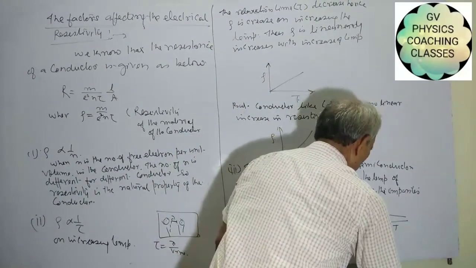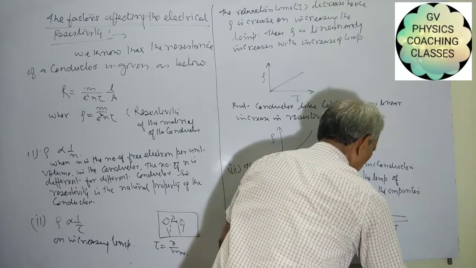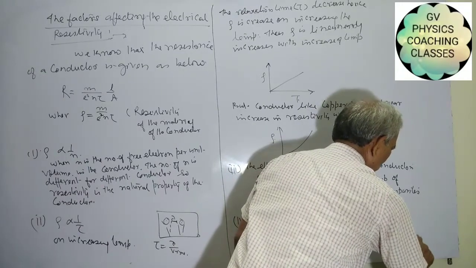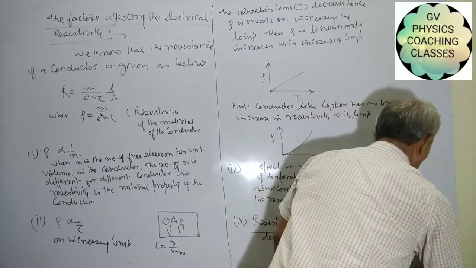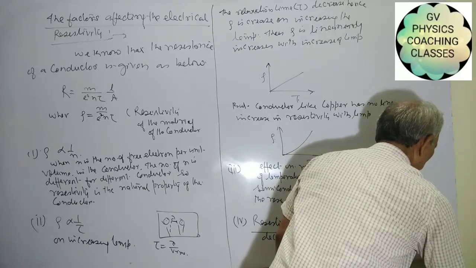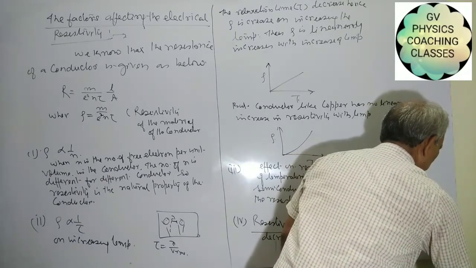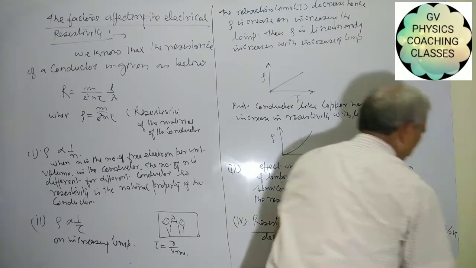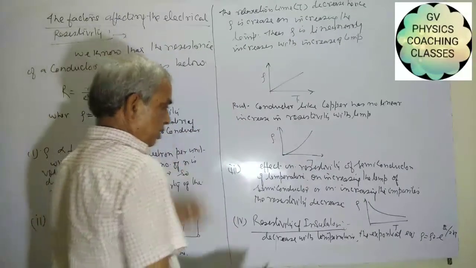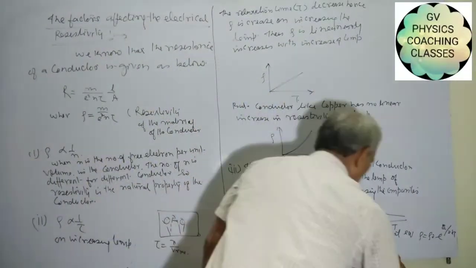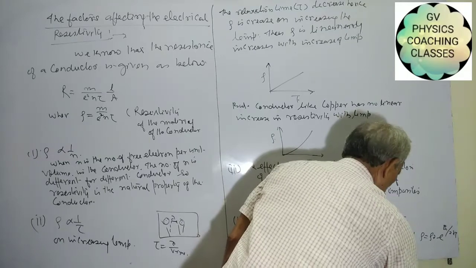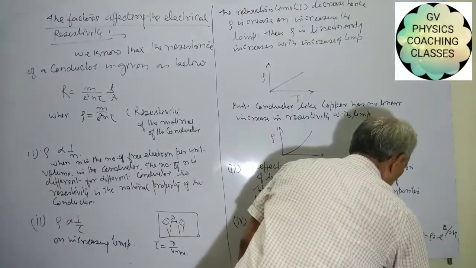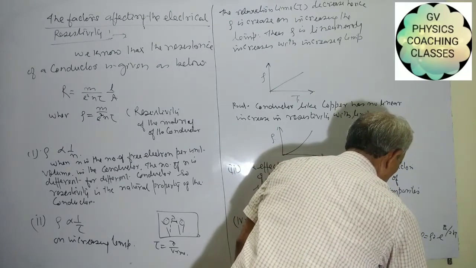The expression is rho equal to rho naught e to the power E upon 2kT. It also decreases, and its graph is also like this one. This is temperature, and this is rho.